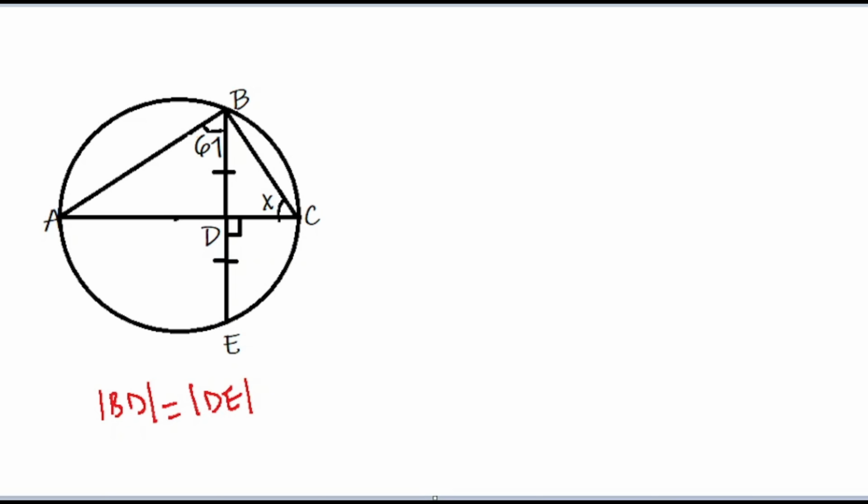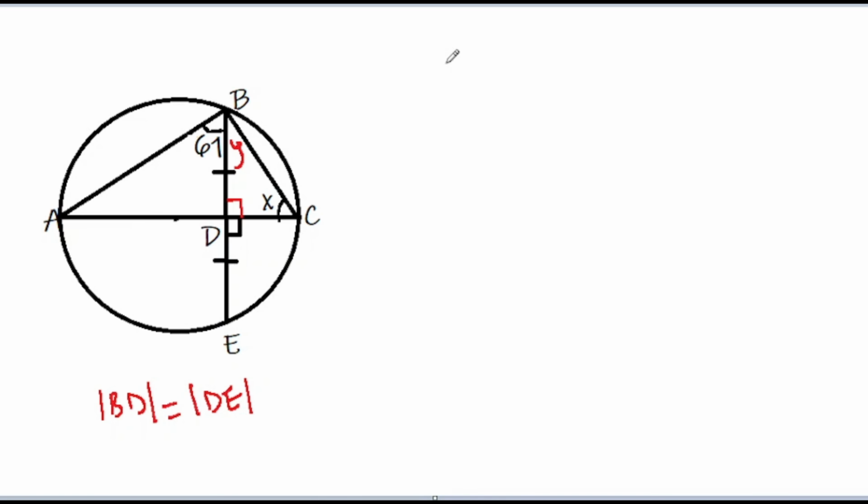Okay, alright, so we should actually consider this place to be 90 degrees. Alright, so that is 90 degrees. And so we might want to take a look at triangle BDC. So let's label this place as Y. Alright, so if we know our Y, then we can actually get our X.